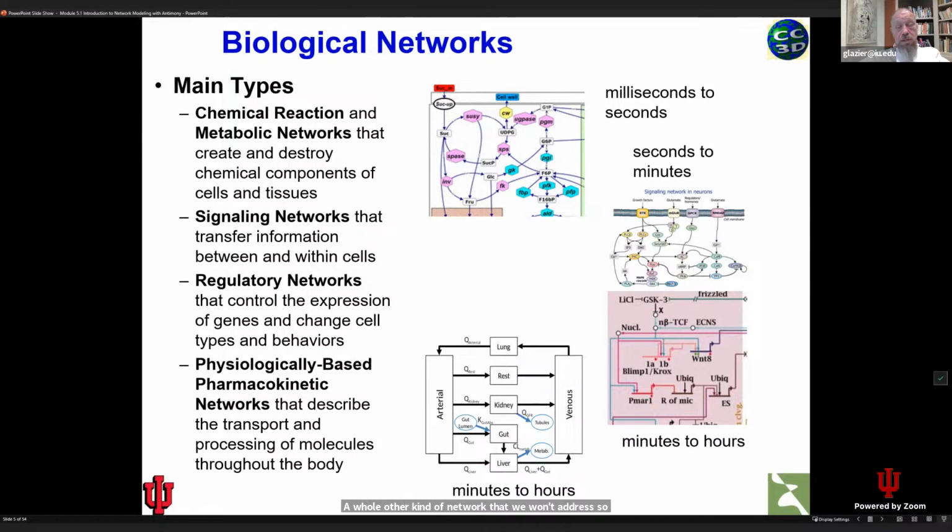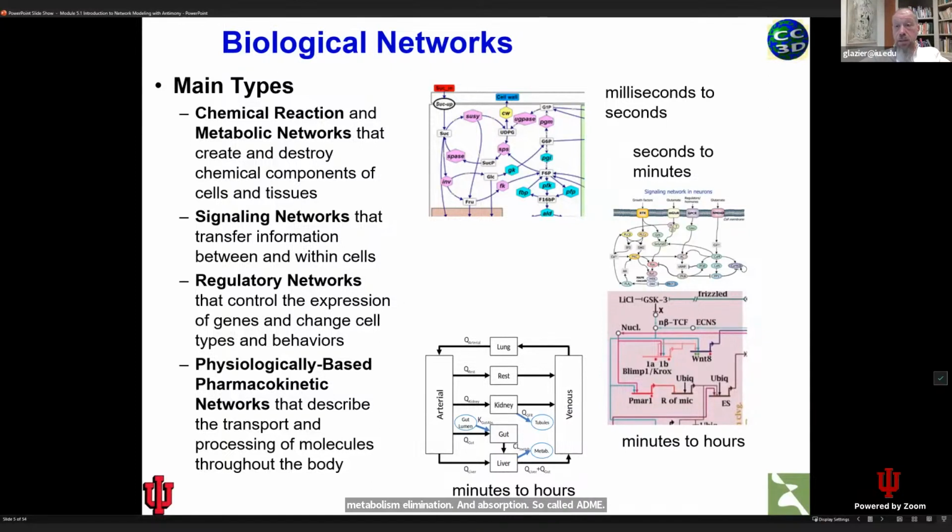A whole other kind of network that we won't address so much in this class, but that's one of the most common kinds of networks that people use in the pharmaceutical industry when they do mathematical modeling, is what are called physiologically-based pharmacokinetic models. Those model the transport, metabolism, elimination, and absorption, so-called ADME, of molecules in the body.